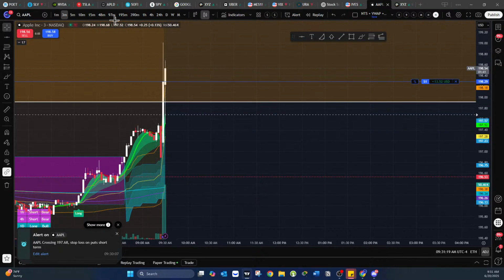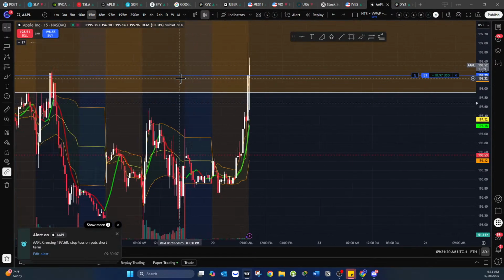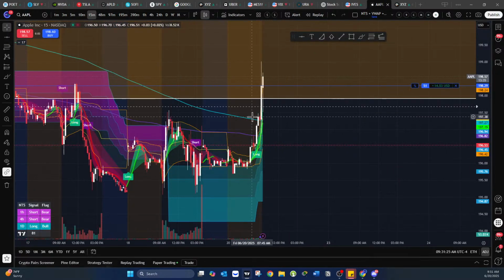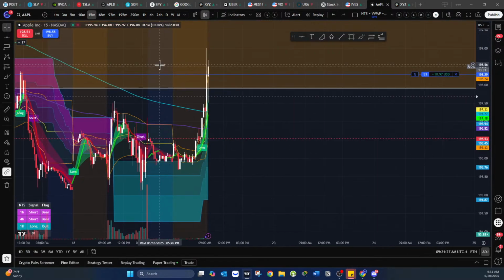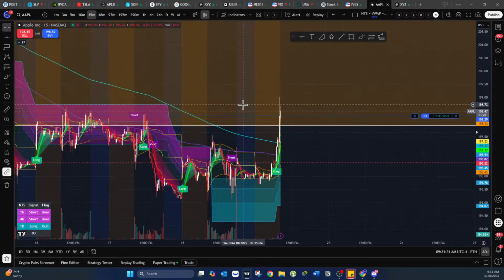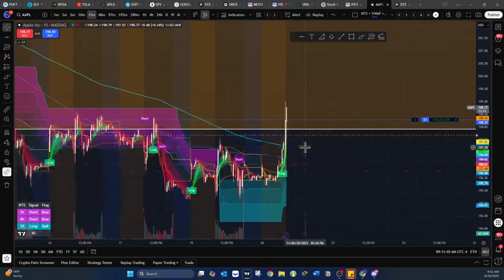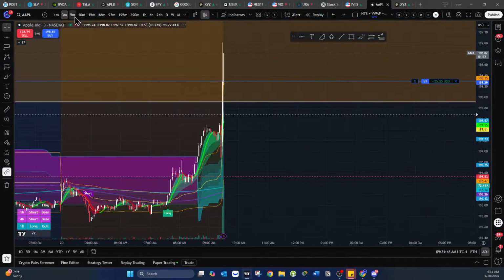But we'll see if this stays above 198 after this first hour. Personally, if we can get back up to 200, that would be another bullish indicator for Apple specifically. We'll see what happens here. I'm just kind of scoping out the scene.